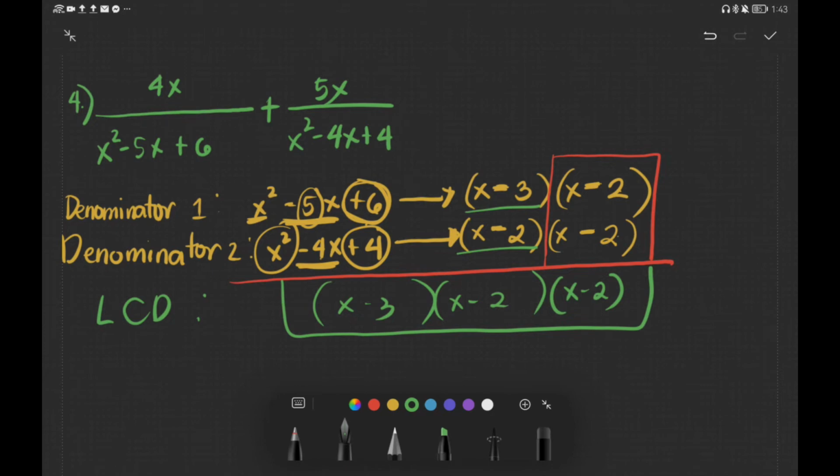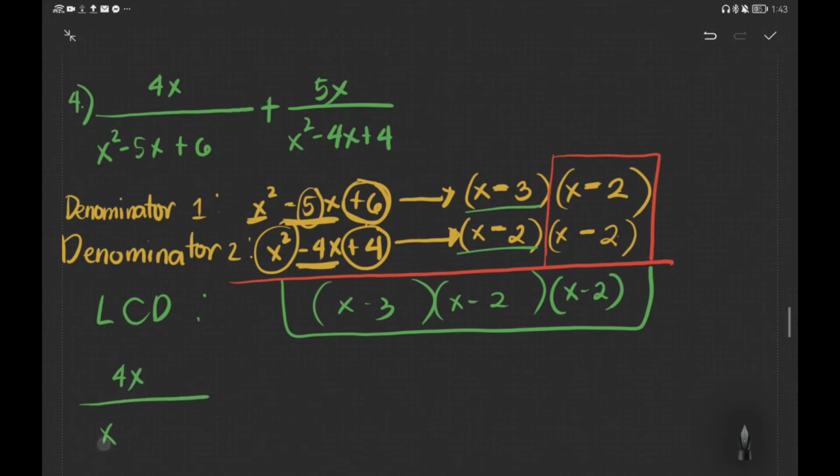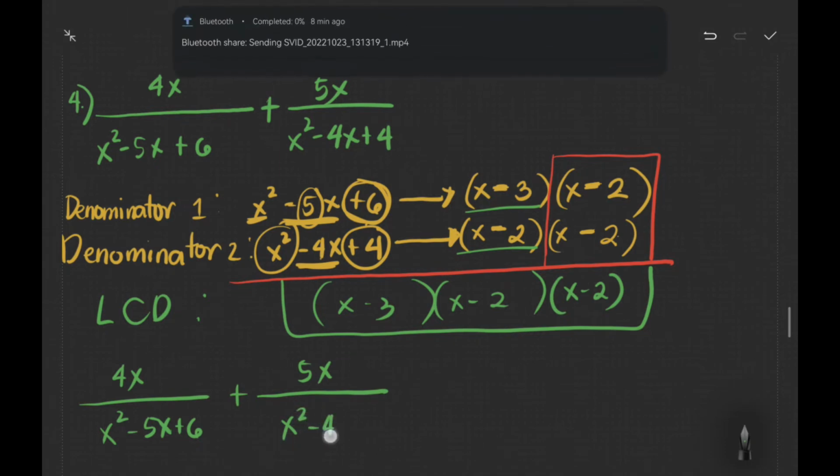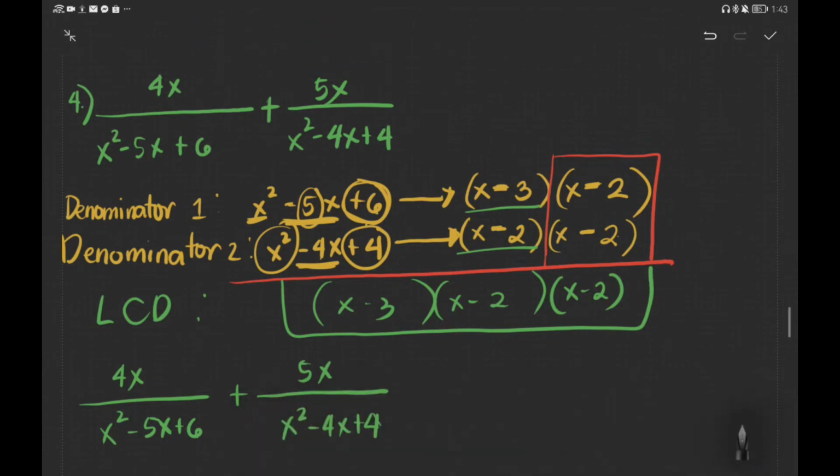Now, let's solve. Let's solve them. Let's copy first 4x over x squared minus 5x plus 6 plus 5x over x squared minus 4x plus 4. Let me change that one first.